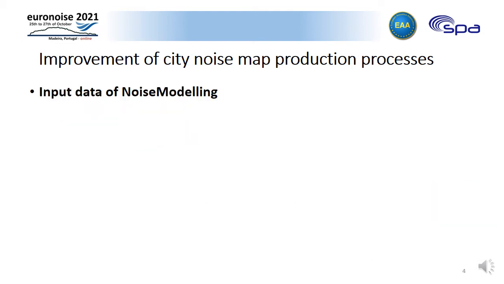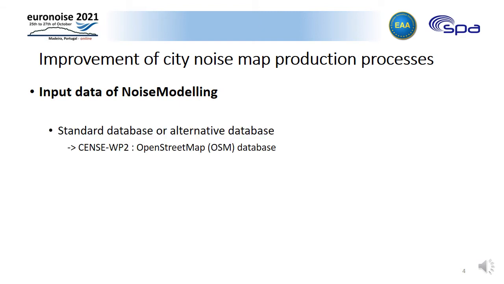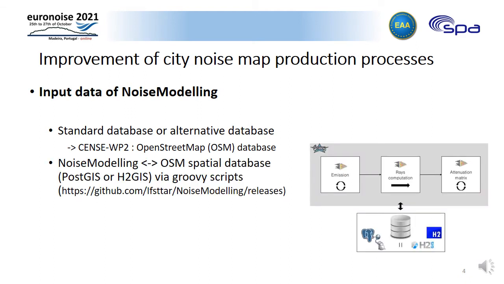NoiseModelling can accept input data such as buildings, topography, and so on in different ways. The most common way is to use data from any available classical database. An alternative way is to use open data. A specific process has been developed to use OpenStreetMap data for NoiseModelling thanks to Groovy scripts to manage interactions between NoiseModelling libraries and a special database for getting most input parameters.